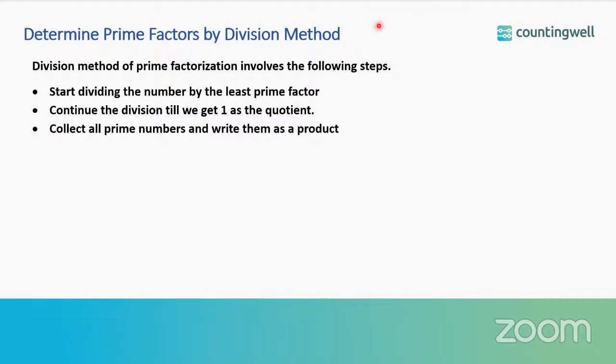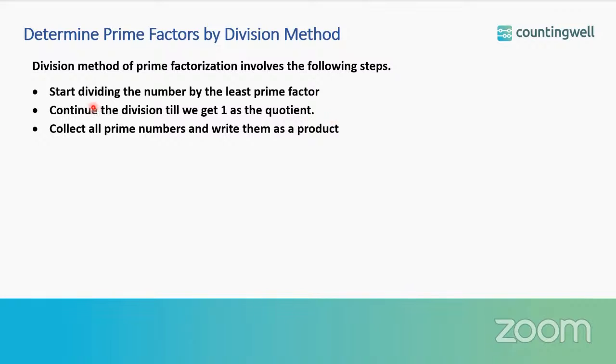Now let us determine prime factors by the division method. So what are prime factors? Prime factors are the numbers which divide a number, and that number should have divisor 1 and itself.